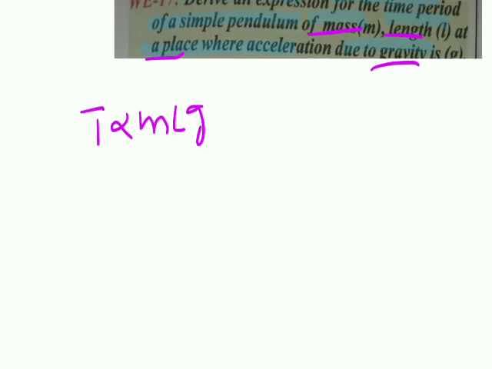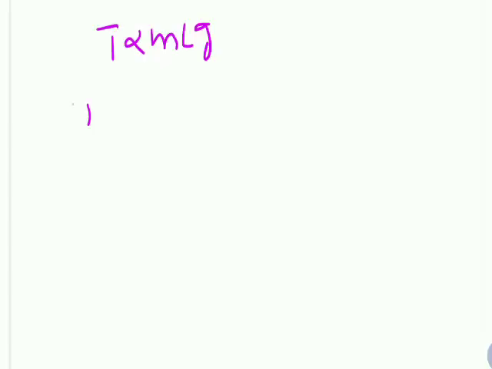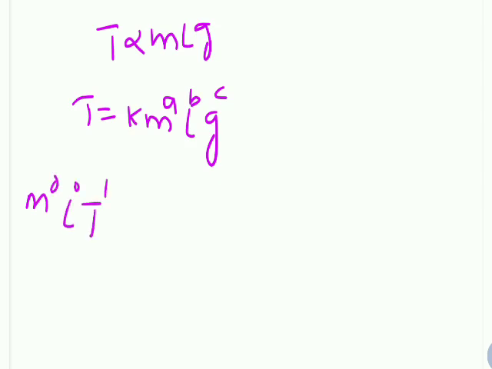So T proportional to mass M, length L and acceleration due to gravity G. So removing proportional, T is equal K into M to the power of A, L to the power of B, G to the power of C, then M to the power of 0, L to the power of 0, T to the power of 1.